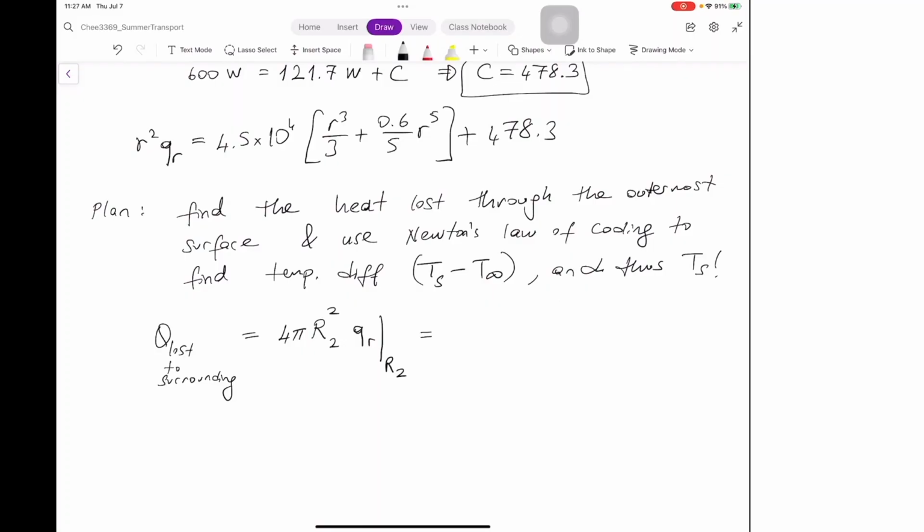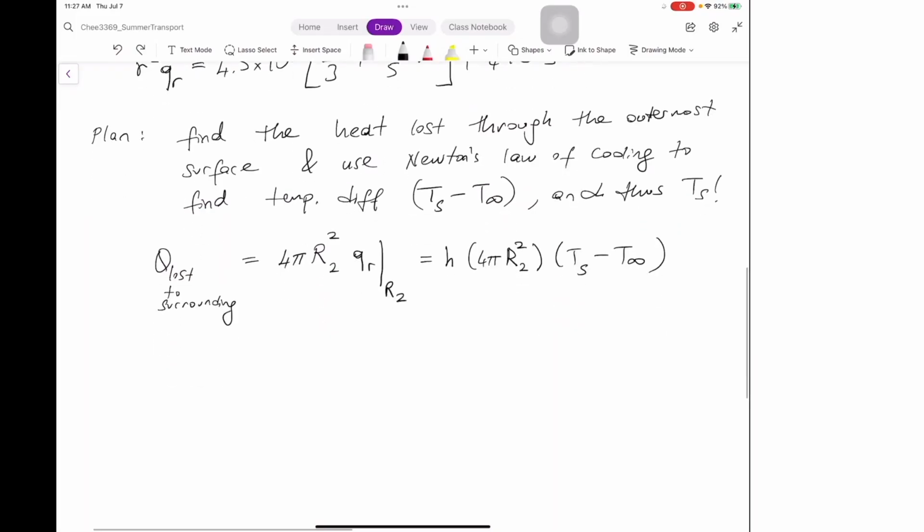That must be equal to H times area 4 pi R2 squared times the temperature difference, Ts minus T infinity. And I'm assuming that it's losing heat, so that's why I wrote it Ts minus T infinity to make it positive. Ts is larger than T infinity.